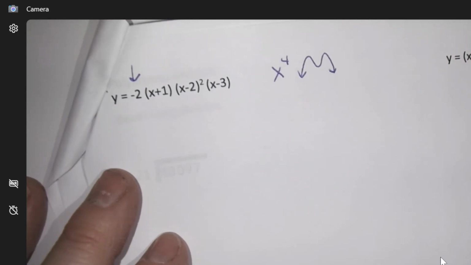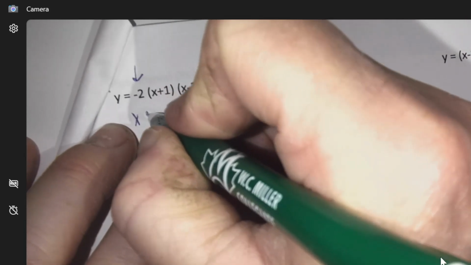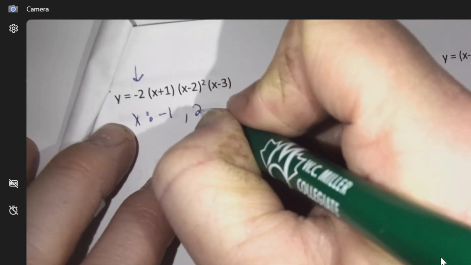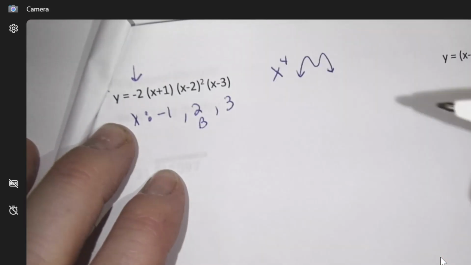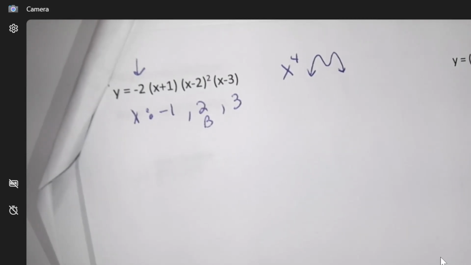I'm going to be flipped. So my x-intercepts are at -1, at 2 with a bounce there, and at 3.